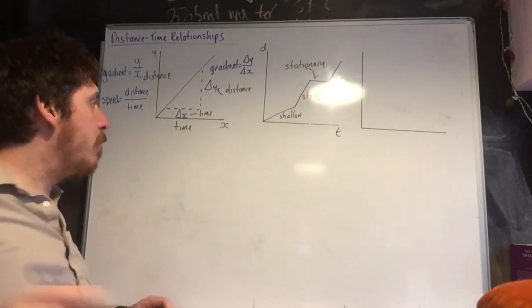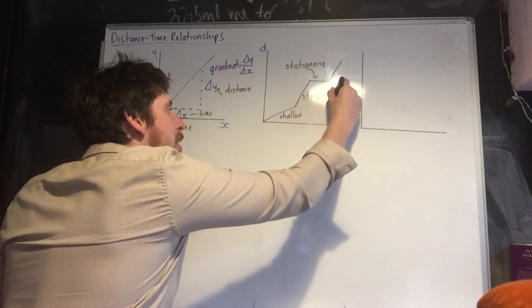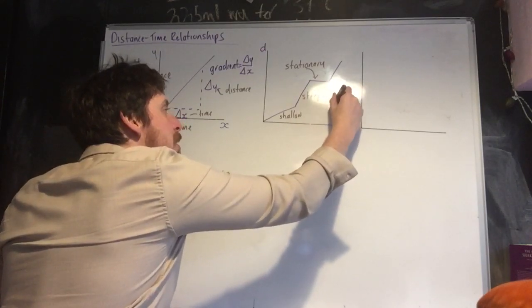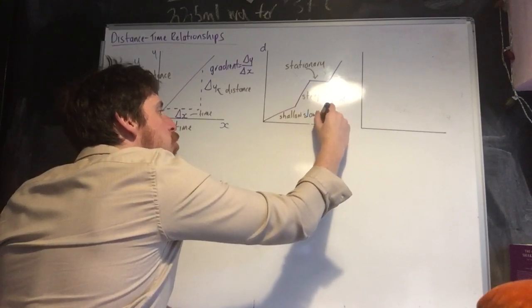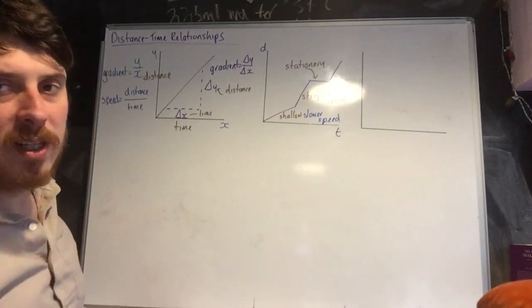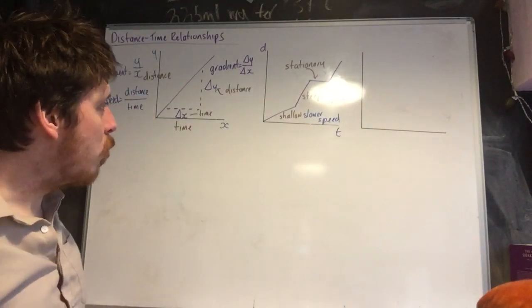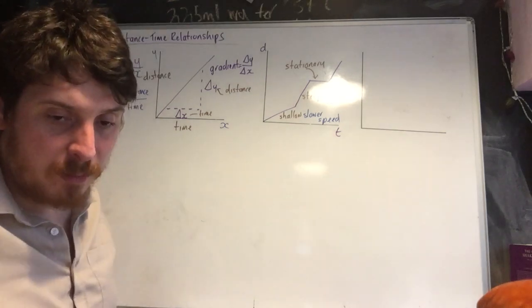Here, in terms of this steep line, okay, it is going at a faster speed than this by comparison. You can judge that by eye. So if you were asked by eye to comment which bit is faster, then you would say it's the one with the steeper gradient.